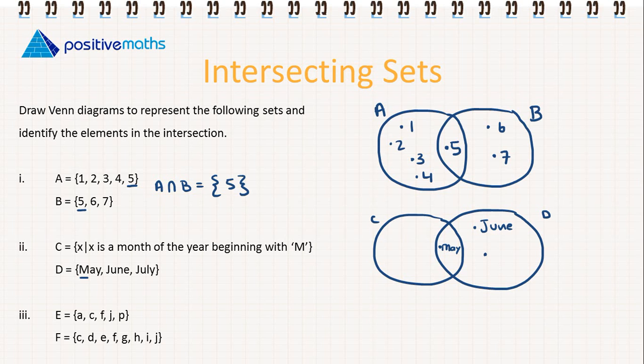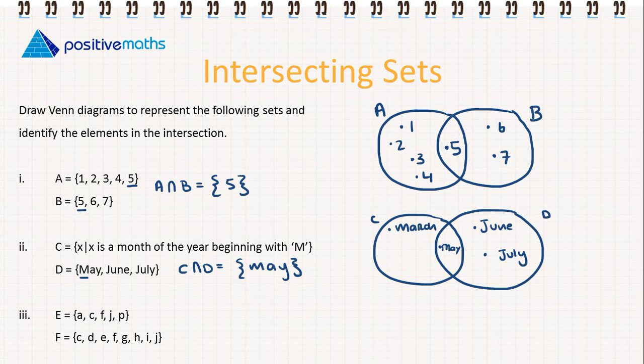So we have June and July. And then in C, we're going to have January, February, March, April, May, which is already there, June, July, August, September, October, November. So we just have 2 months beginning with M. March is in the outside part of C, and May is in the intersection. So C intersection D is just equal to the month May.